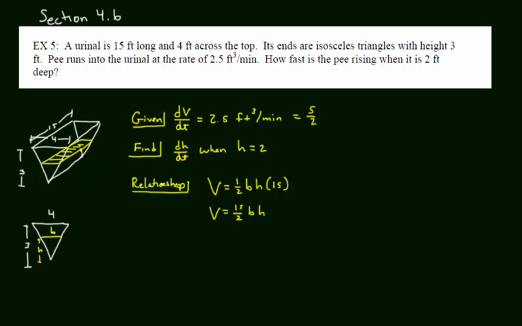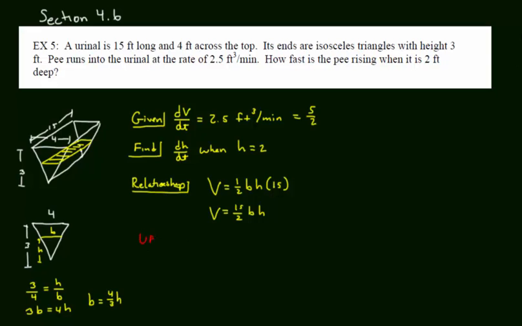We have similar triangles again, so I can say 3 is to 4, that's the altitude is to base, as the altitude is to base. After cross multiplication, 3b equals 4h, and that leads us to b equals 4/3 of h. We're going to use that when we update our relationship.